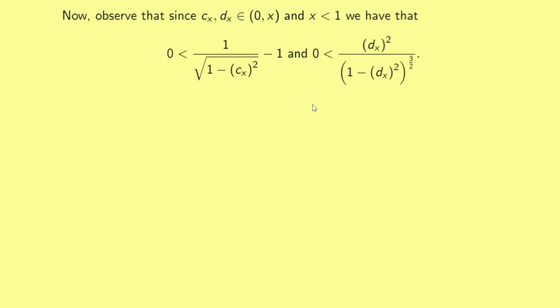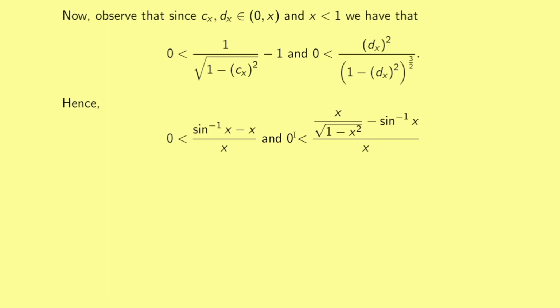It's not hard to see. Since they're positive and this is the same as this, this must be positive. In the same way, since this expression is the same as this one, this one is positive.